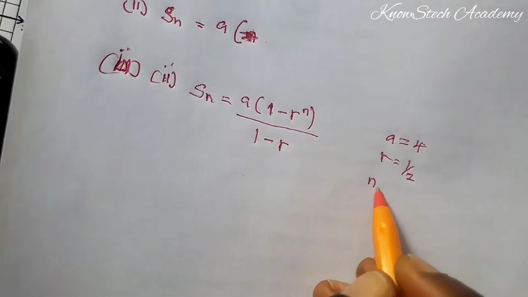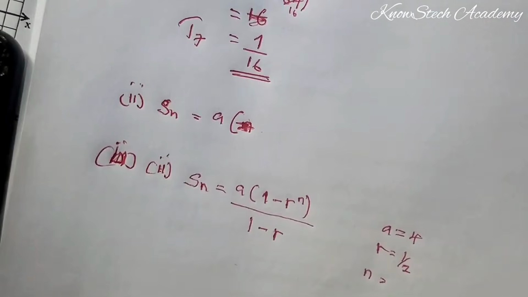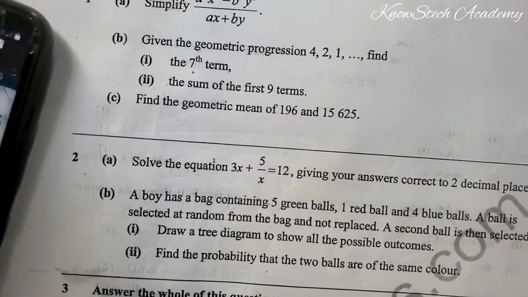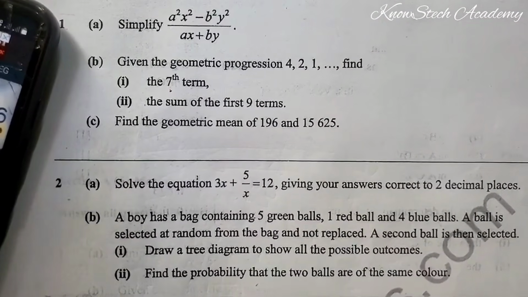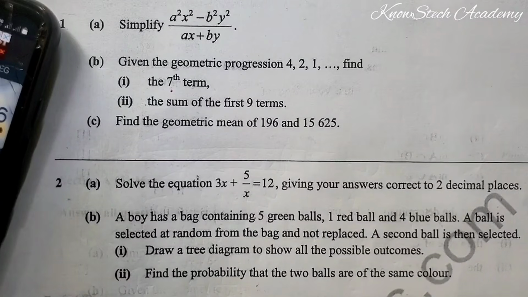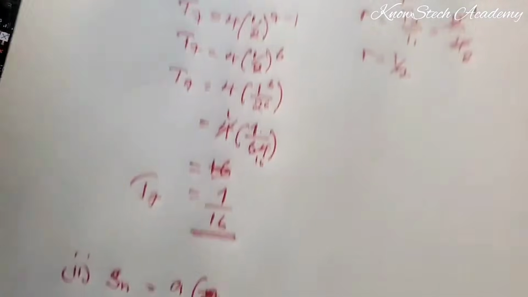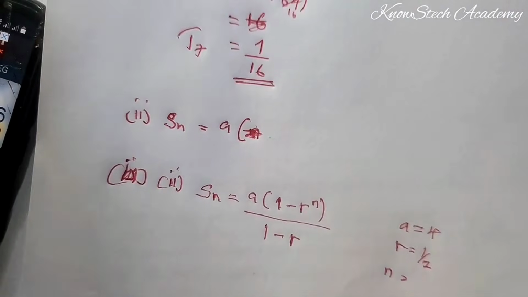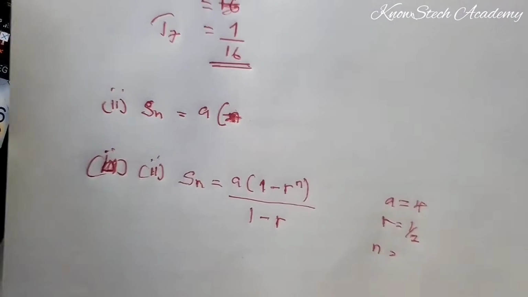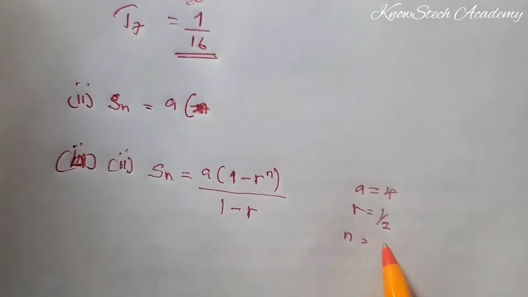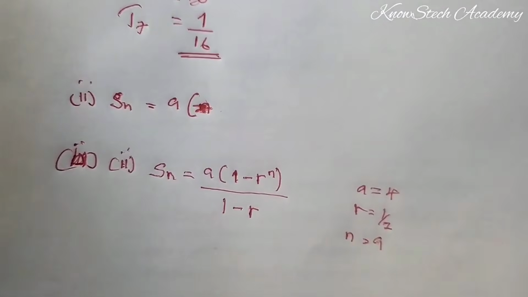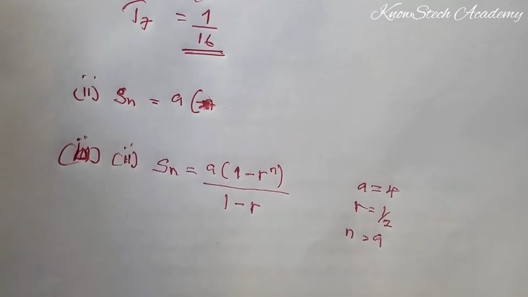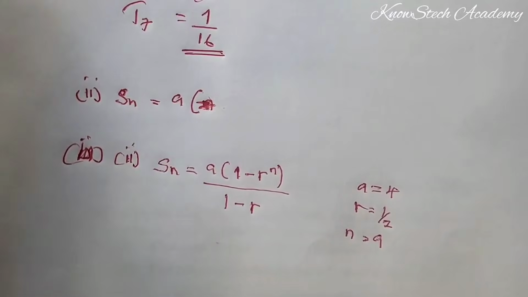What is the value of n? We are told to find the sum of the first 9 terms, so the value of n is 9. We substitute n with 9. Then let's substitute that data here.